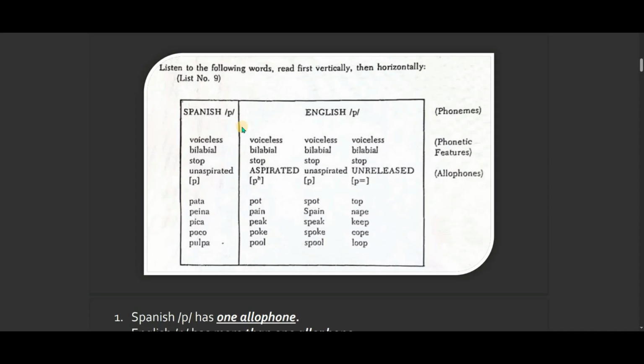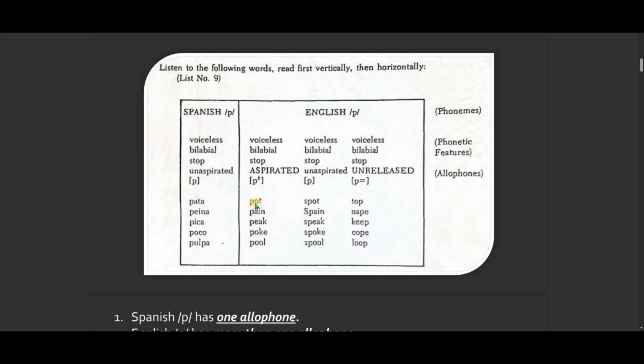Again, the Spanish phoneme P only has one allophone, a voiceless bilabial stop unaspirated, like in the words pata, peina, pica, poco, pulpa. Notice that there is no aspiration in it, unlike the aspirated allophone at initial position in words in English.